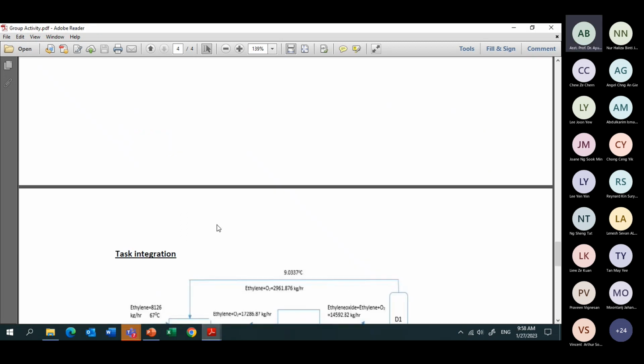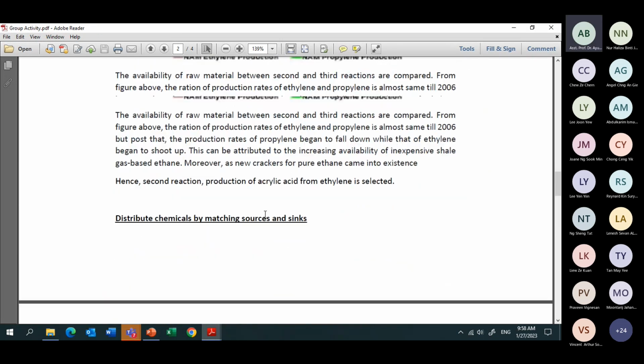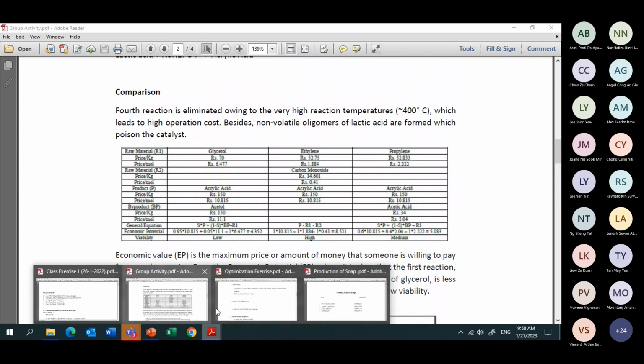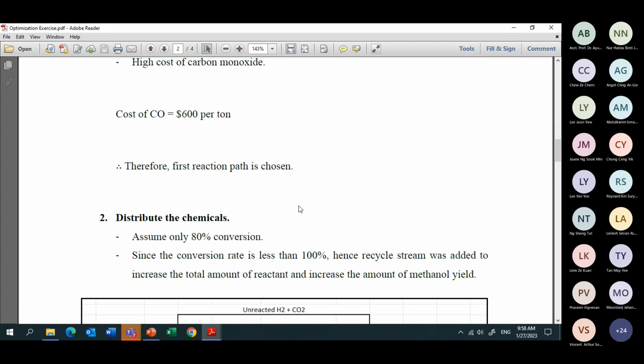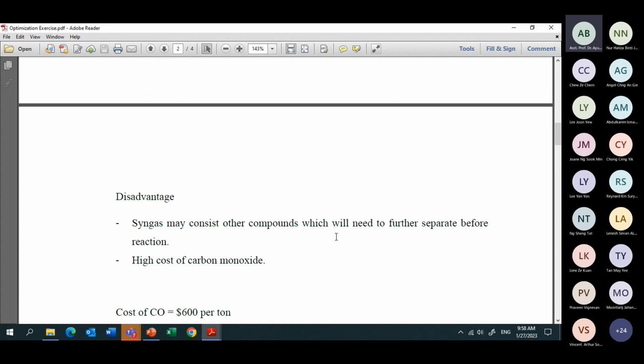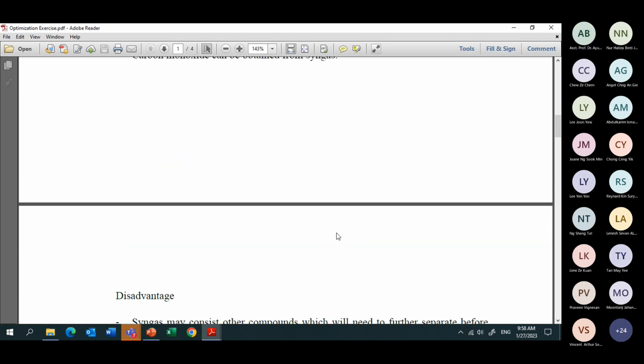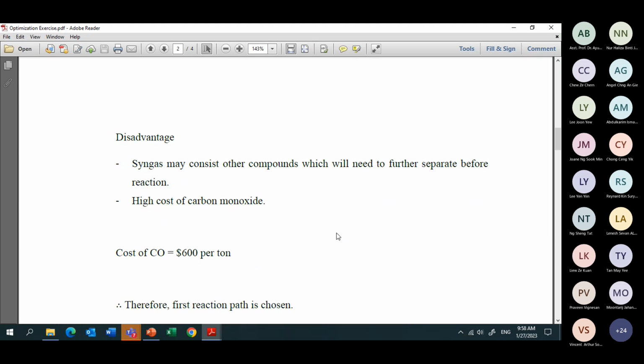Just now, you compared the cost here. Okay. First reaction path is chosen because of what? Because the cost of carbon dioxide is significantly cheaper than carbon monoxide.